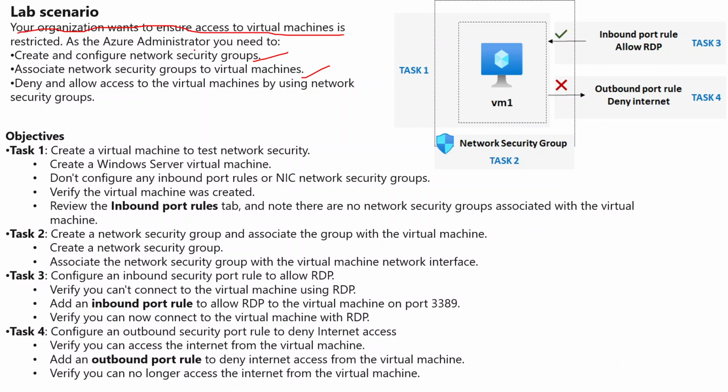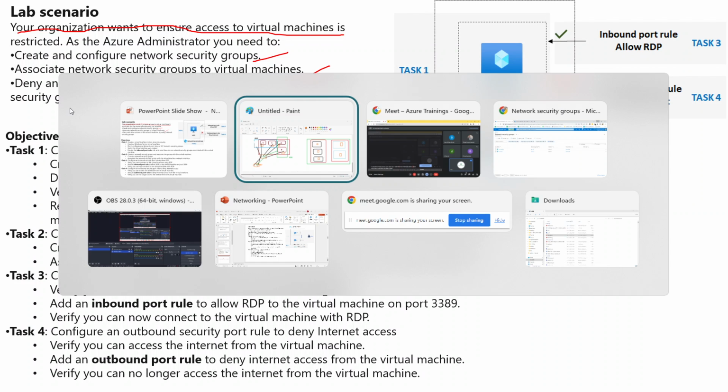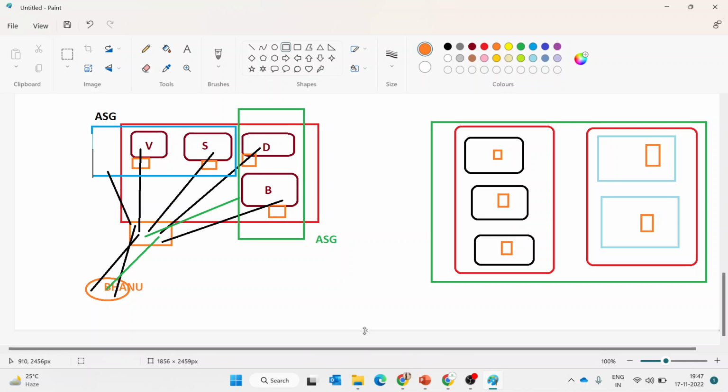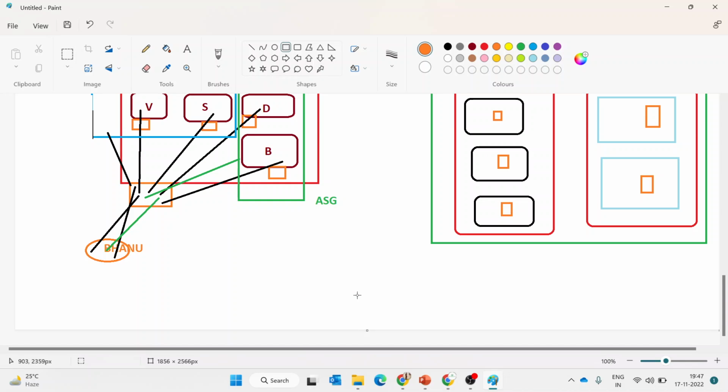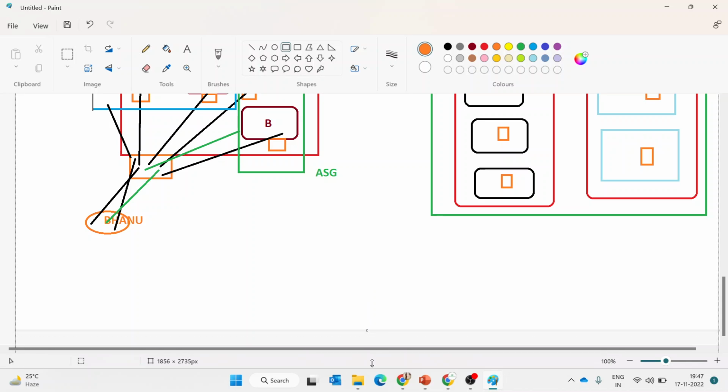I need to create one NSG, associate that NSG to my virtual machine, and deny or allow access to the virtual machines by using network security groups. I will explain the lab scenario in the Paint window and we'll go forward. If you have any queries, please stop me and ask.